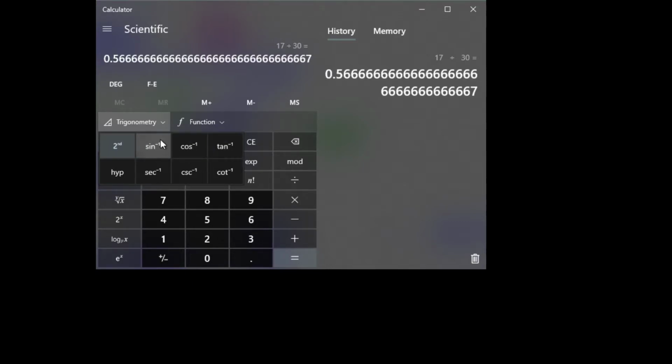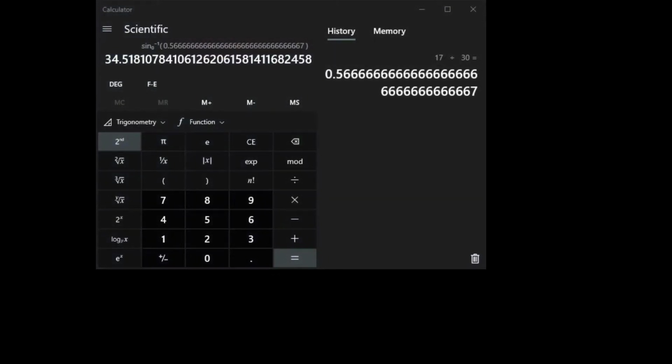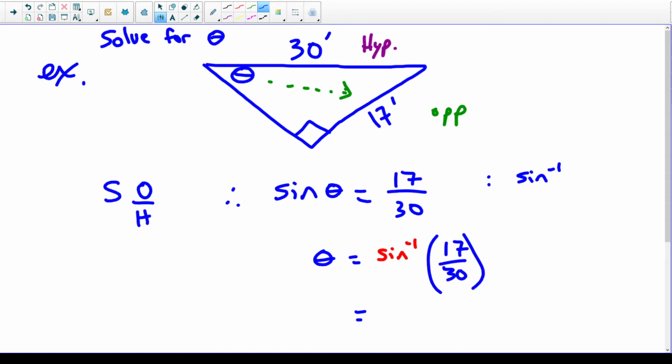So we're arc sining this time, and 34.51, so we can round that off to 35 degrees, is my final answer. And that should be enough for you to be able to do any of the homework questions or questions from this lesson.